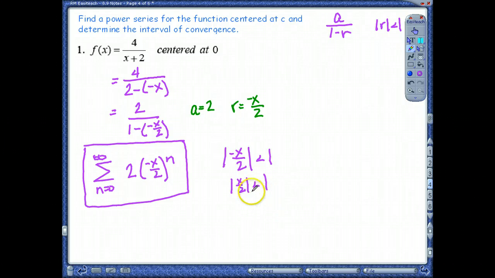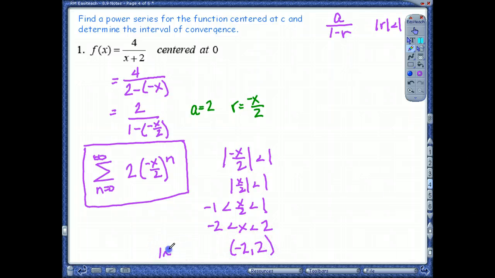Okay. So I want to rewrite this now. I have negative 1 less than x divided by 2 less than 1. I'm going to now multiply through by 2. So my interval of convergence is -2 to +2.